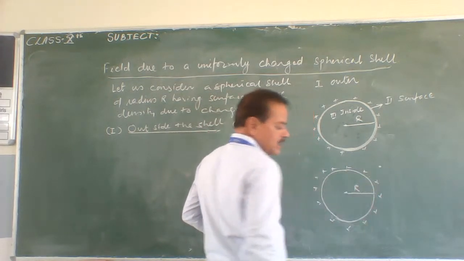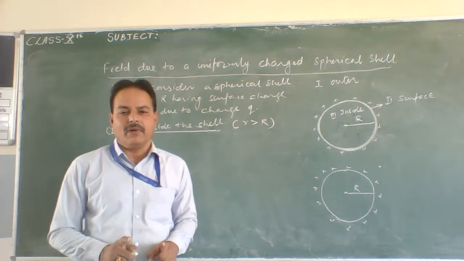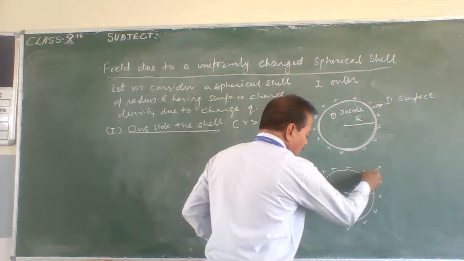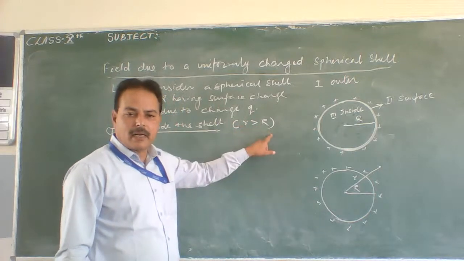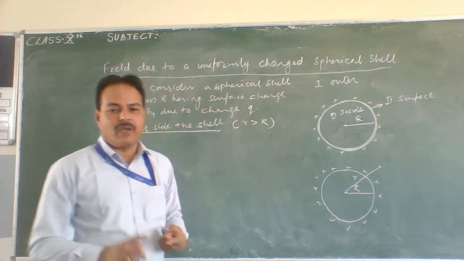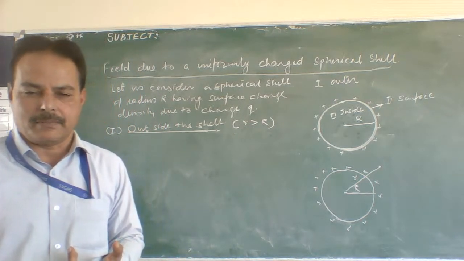This is the point of consideration, to find the electric field at this point, which is at small r distance. Keep in mind that this small r is greater than capital R. What we have to do is assume the Gaussian surface. The first step is there.